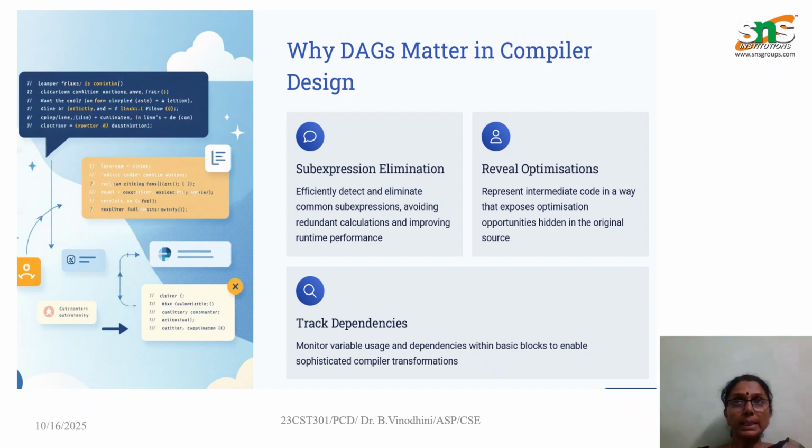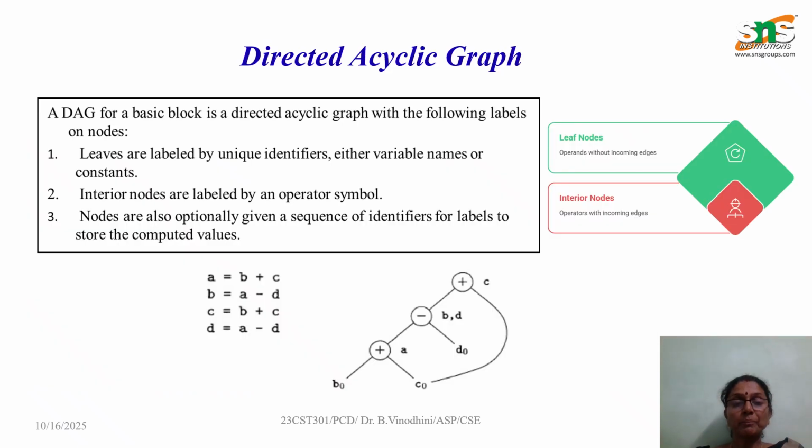It monitors the variable usage, which variable is alive and which one is dead. This tracking is maintained using the DAG. Suppose a particular variable is not alive, that is a dead variable, and we can eliminate the dead variable to improve the efficiency. So that is why the DAG is very important in the compiler design phase.